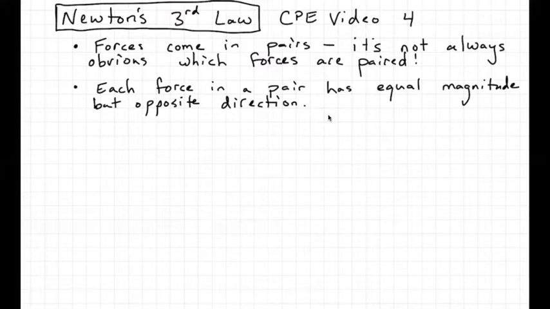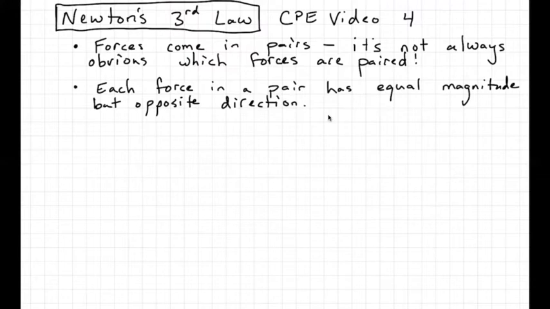And what this means vector-wise is if I push on the wall and that force points a certain direction, then the wall pushes on me in the opposite direction with the same strength. So this is the equal and opposite part of Newton's third law, that the force that I apply on something is equal in magnitude to the force that it applies on me back, but opposite in direction. And we'll come back to this. When we do an example, I'll show you how to apply that idea.